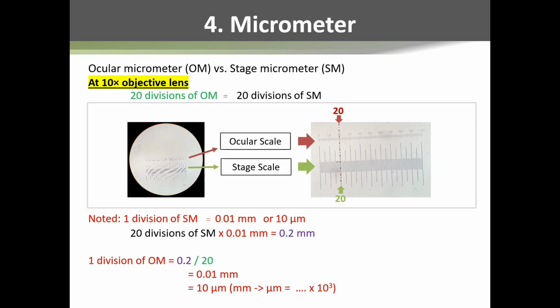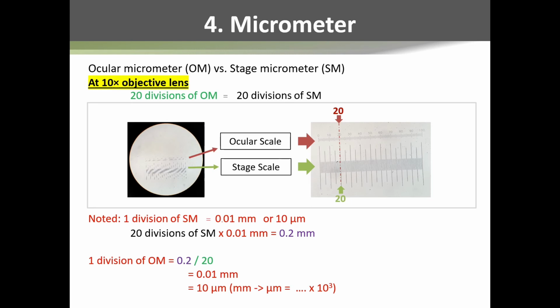Then 20 divisions at 10x objective lens are equal to 0.2 millimeter. We calculate the actual length of each division of the ocular micrometer at medium power 10x by dividing 0.2 with 20. The answer is 0.01 millimeter or 10 micrometers. Once again, to convert millimeter to micrometer, multiply the value by 1,000.